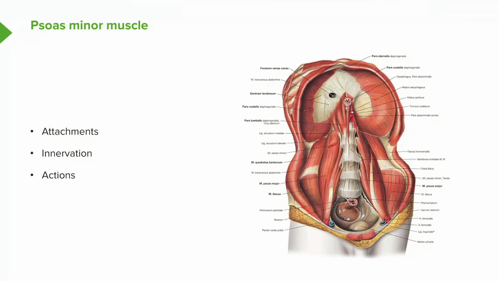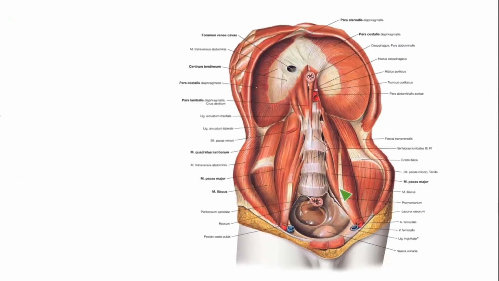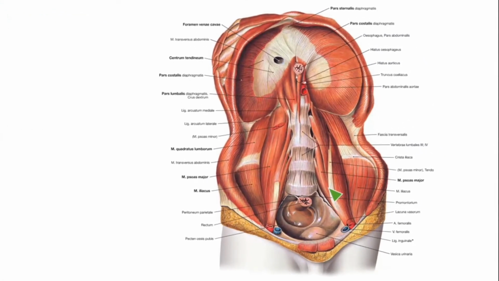The psoas minor is a small muscle that runs on the superficial aspect of the psoas major. This muscle may be absent in some individuals. Its points of attachment would be the lateral surfaces of the bodies of T12 through L1 and the intervening intervertebral disc.